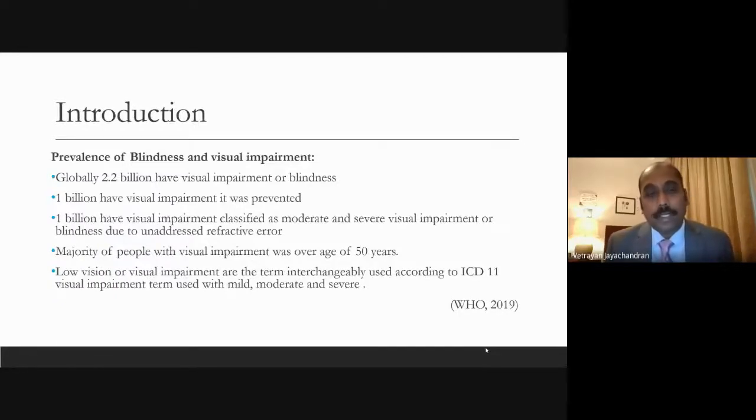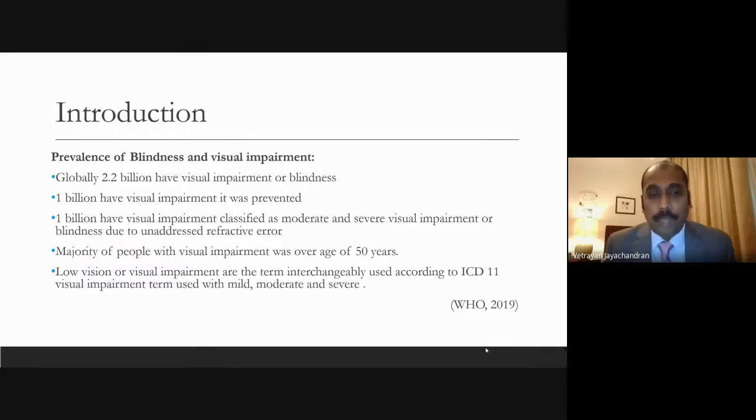First we have to understand the prevalence of blindness and visual impairment. According to WHO, globally 2.2 billion people have visual impairment or blindness. Of these, 1 billion have a visual impairment that could have been prevented, meaning they could get correction of the errors and treatment.